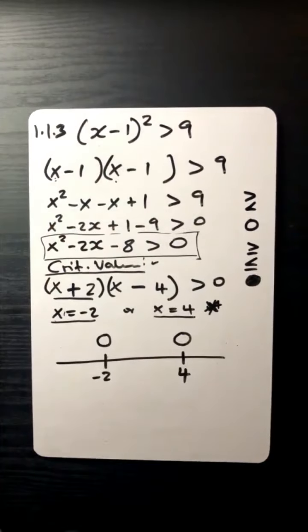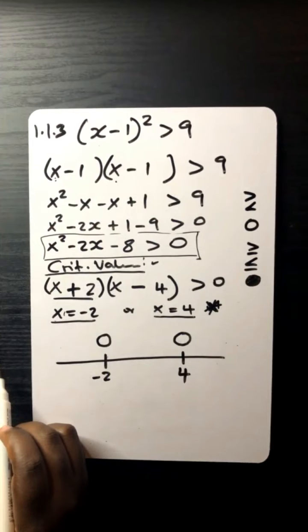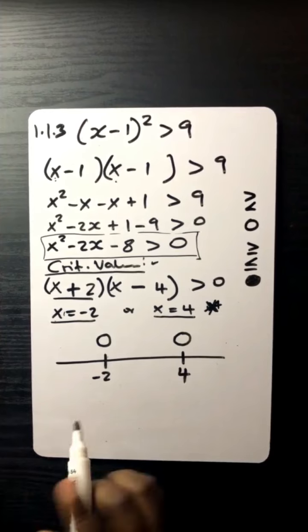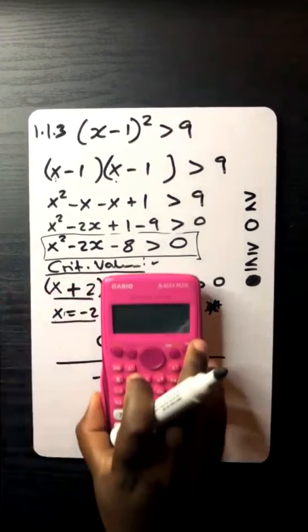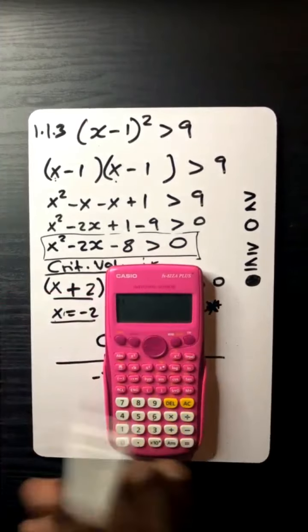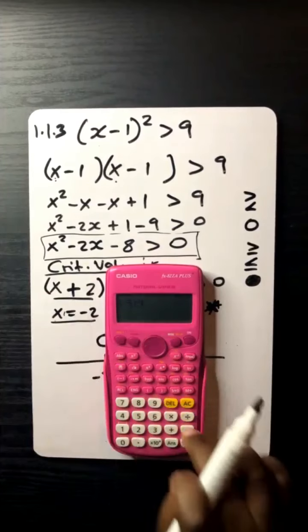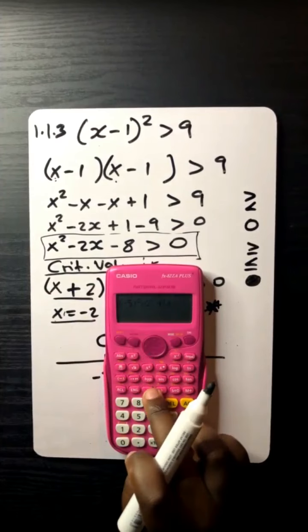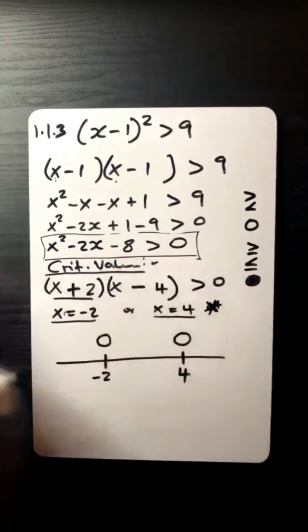So guys, let's use any number on this side to test if we get a positive or a negative number. In my case, I'm just going to use negative 5. So in brackets, you substitute negative 5 squared minus 2 times negative 5, then minus 8, is equal to... So I get a positive number.